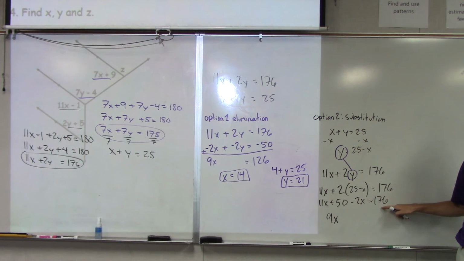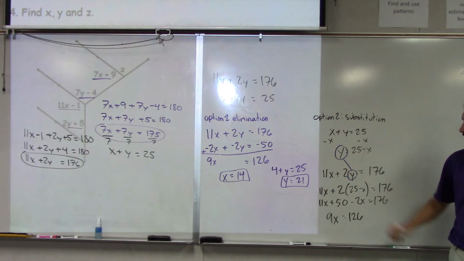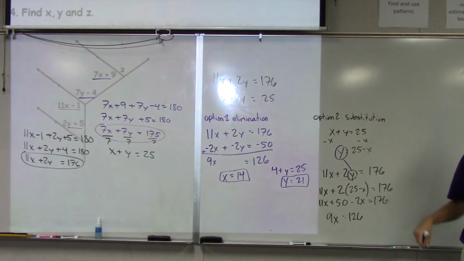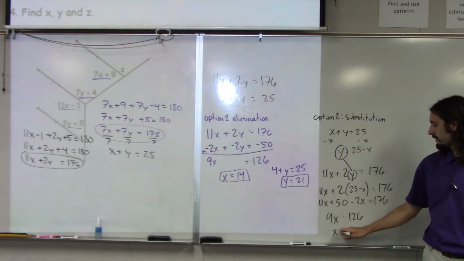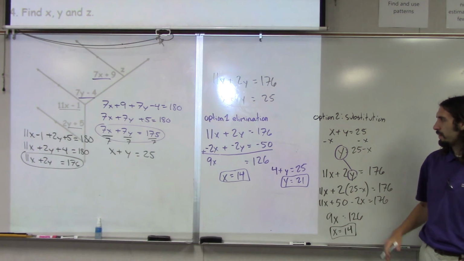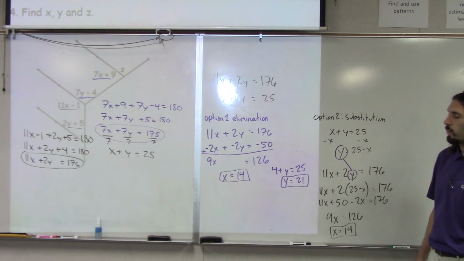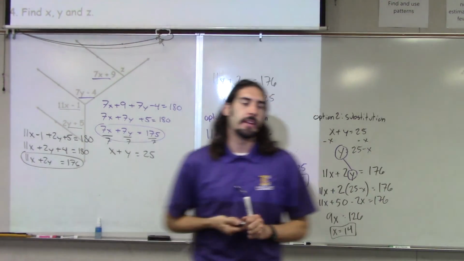So subtracting 50, I get 126, which should look awfully familiar. I come back over here, divide both sides by 9, and x is 14. Now, since we got the same value for x, I'm hoping you'd realize that we'd get the same value for y, and it would be 11. The point being, doesn't matter which method you use, you get the same answer because it's our intersection point.